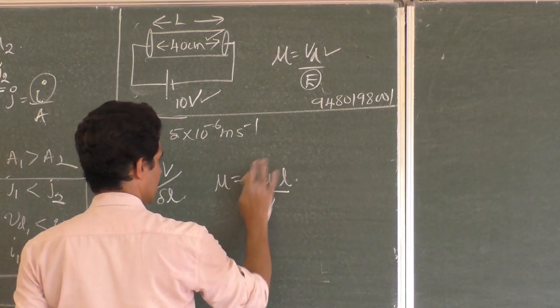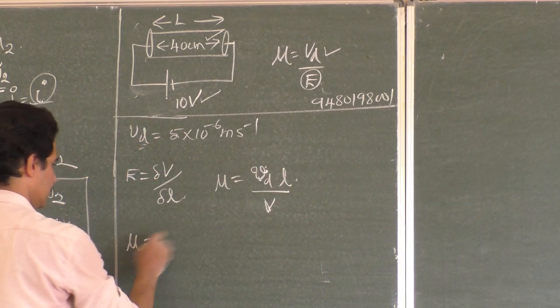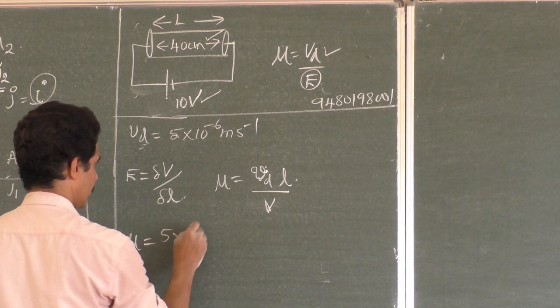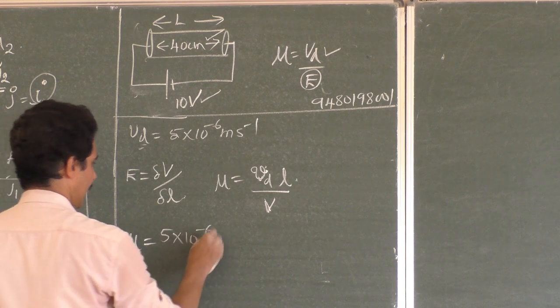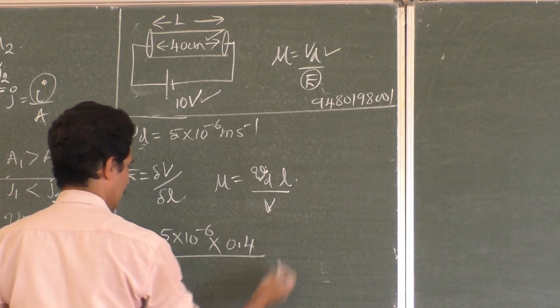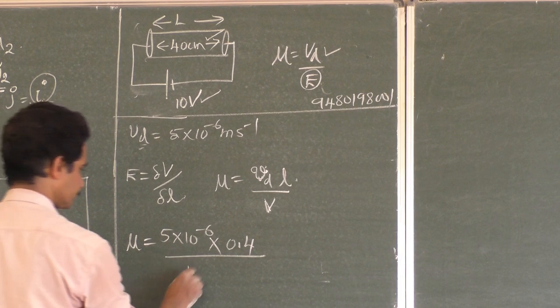This is the potential difference V, this is the drift velocity. Substitute: mobility mu is equal to drift velocity 5 into 10 to the power minus 6, times the length of the conductor, 40 centimeters, 0.4 meters, divided by the potential difference applied, 10 volt.